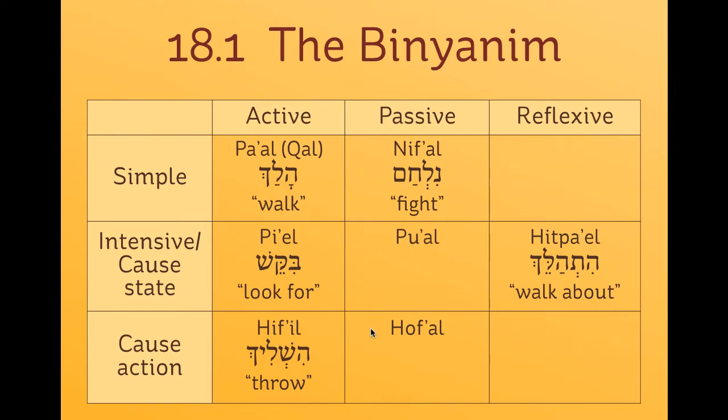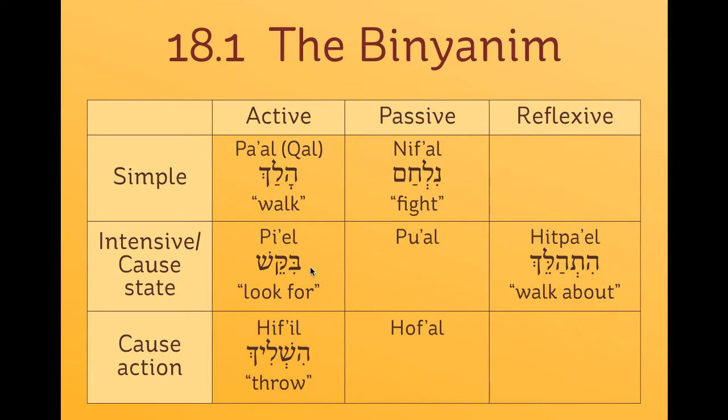The reason being there aren't any flashcards with one of these words. And that's because we're going through the book of Jonah, and there's not a single pual or hofal verb in the book of Jonah. We believe that studying these binyanim is much better suited for second year than first year Hebrew. Okay, so halach, that's our model pa'al verb.